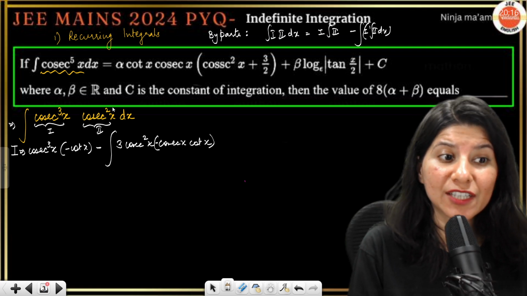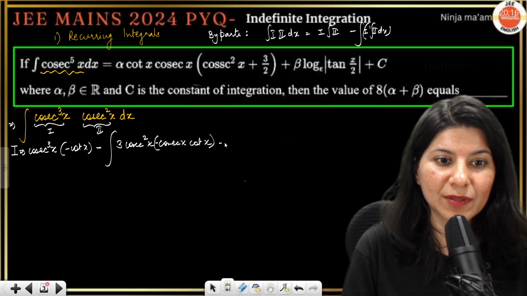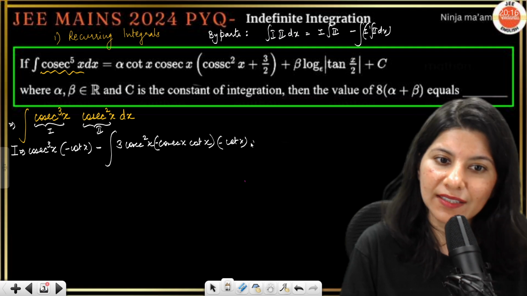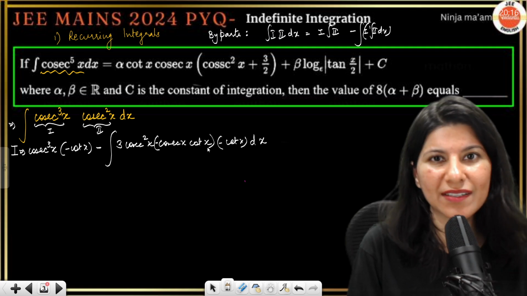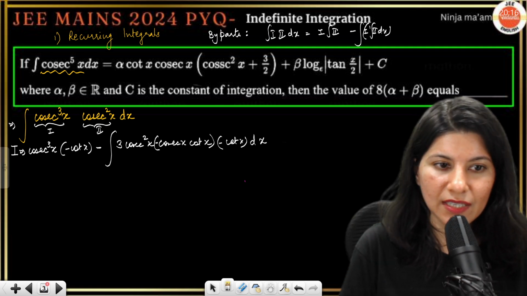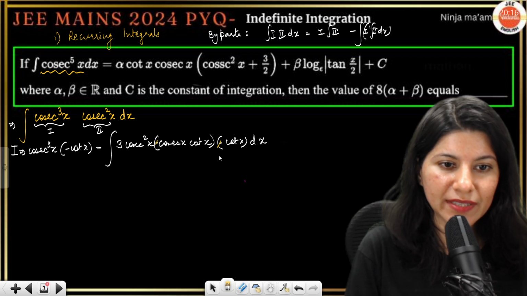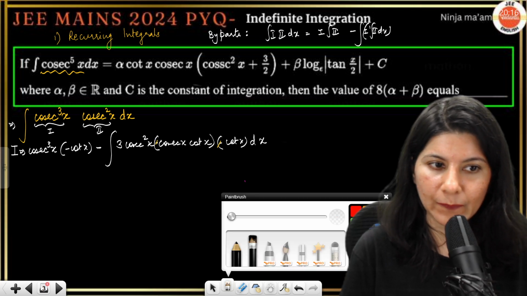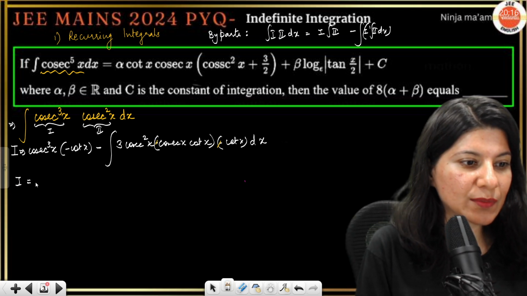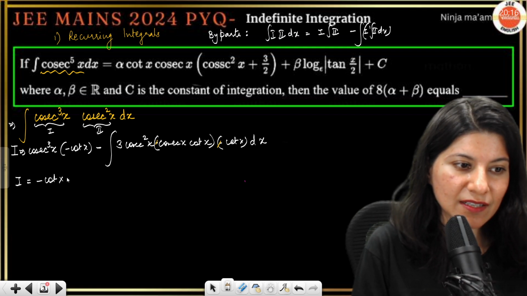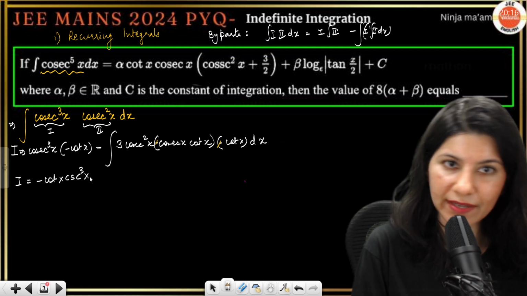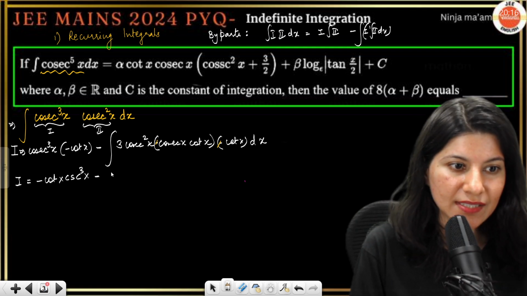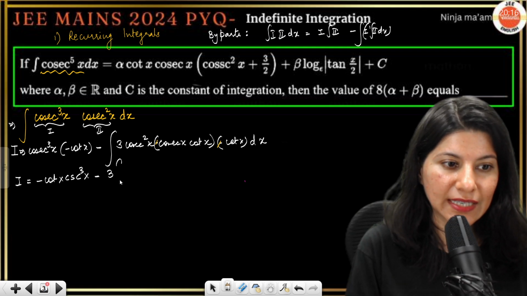And now integration of second, so cosec square ka integration will be minus cot x dx. Clearly these two minus will vanish, both the minus cancelling. Yes. Now I will be equal to minus cot x cosec cube x minus 3 times integral.